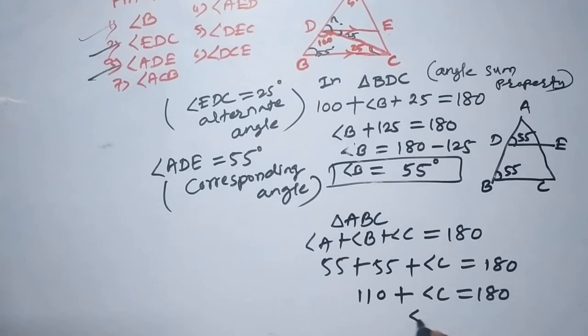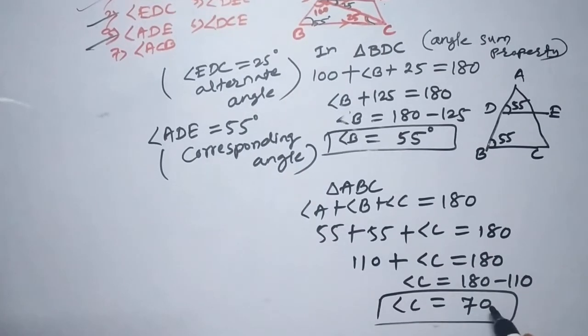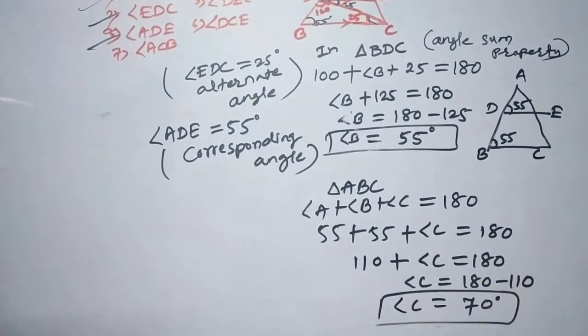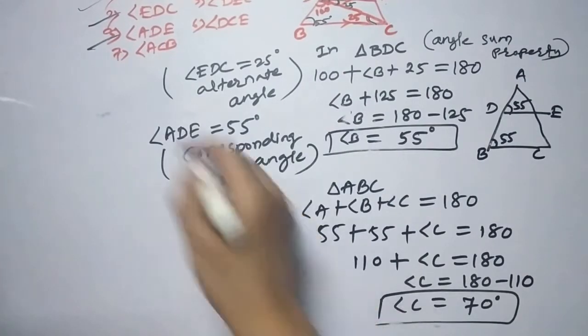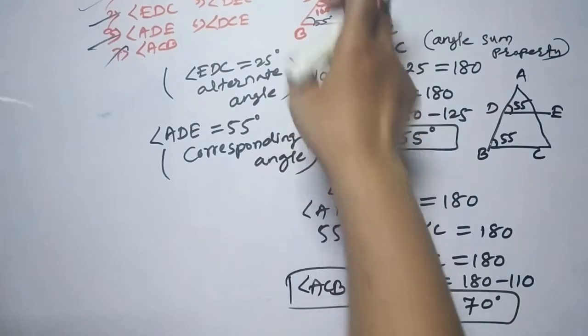So angle C is equal to 180 minus 110. You get 70 degree. So friends, this angle C, this ACB, is equal to 70 degree. We got this.